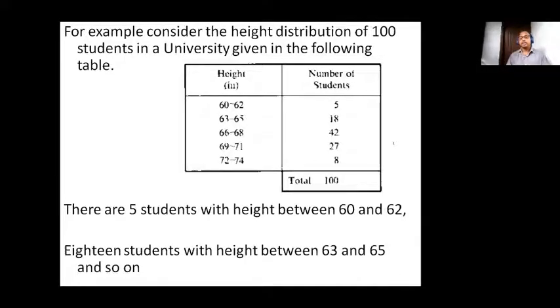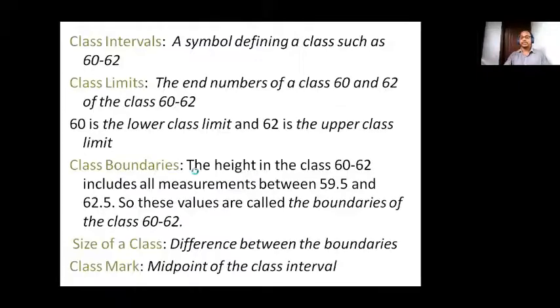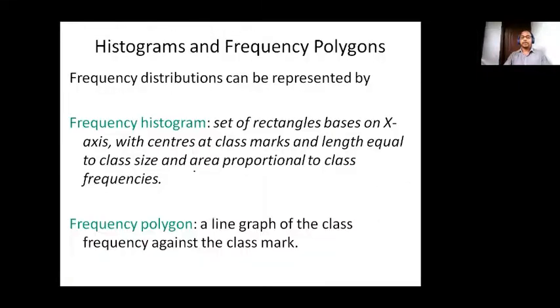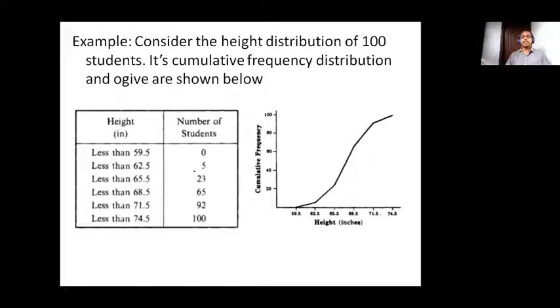So less than 59.5, there is no student. But less than 62.5, there are 5 students. So our frequency table is like this. Less than 59.5, there are no students. Less than 62.5, there are 5 students of the first class.